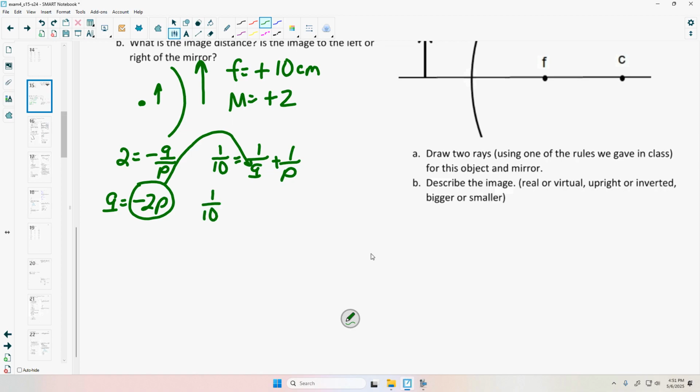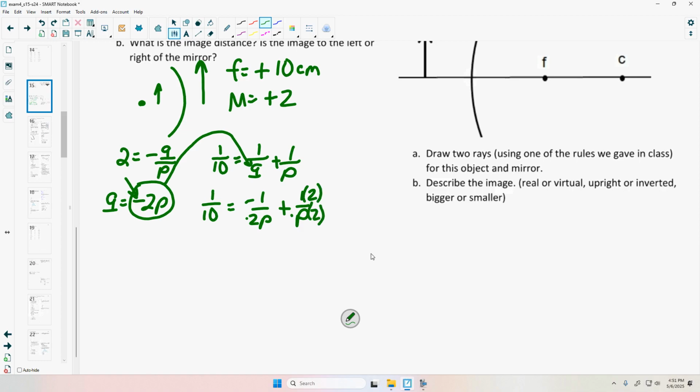Then I say 1 over 10 is negative 1 over 2P. The negative came from right here. I just brought it up into the numerator. Plus 1 over P. Then I have to find a common denominator. What's the common denominator for that right-hand side of the equation? Not 2, but 2P, right? Because I have 2P here. I can make that 2P by multiplying both the top and the bottom by 2.